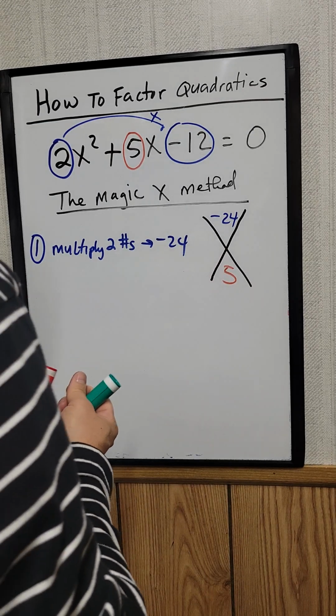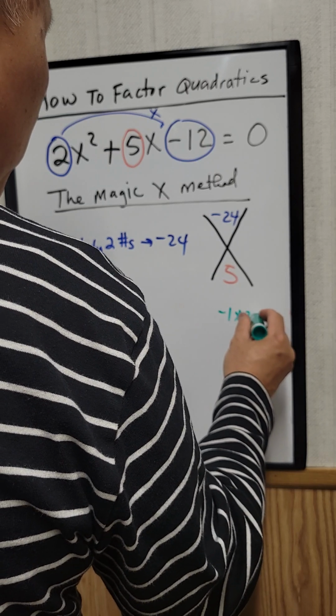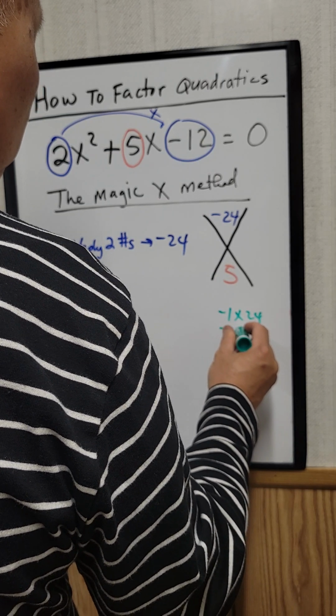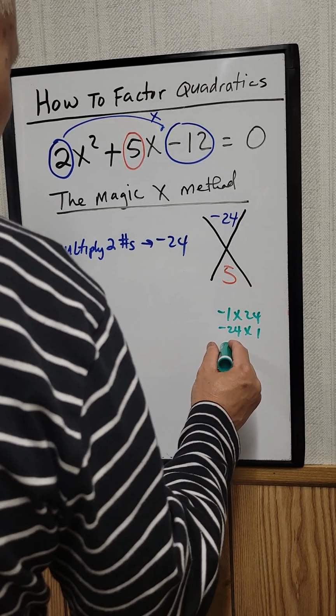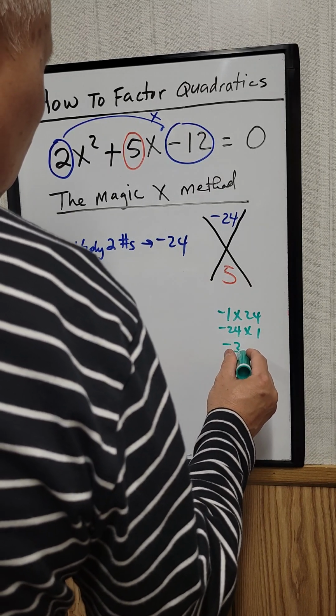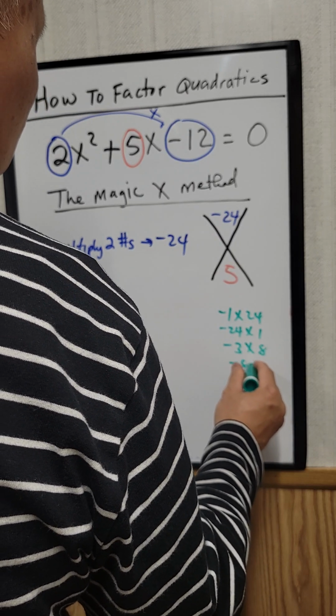We can say negative 1 times 24, negative 24 times 1, negative 3 times 8, or negative 8 times 3.